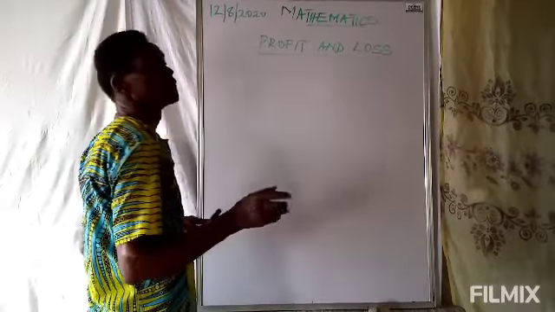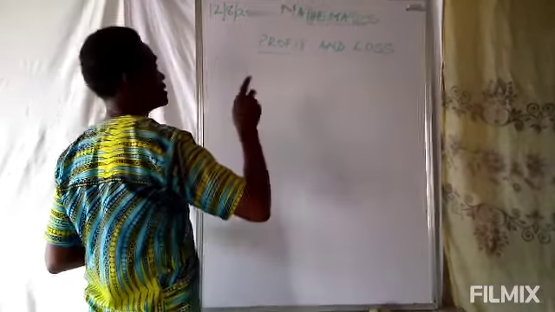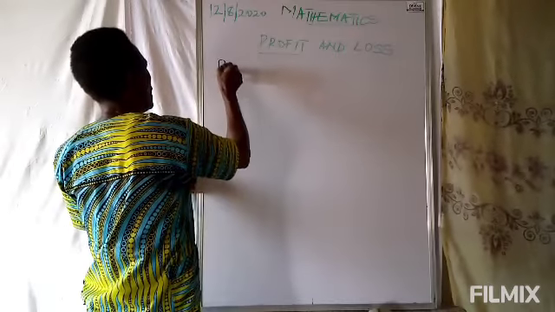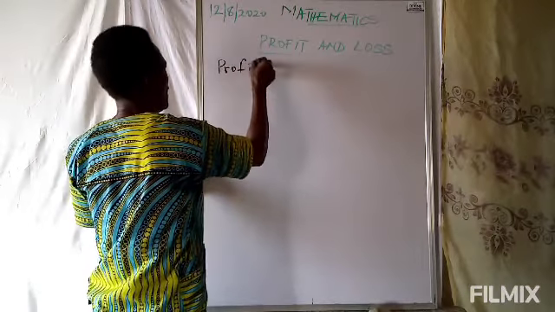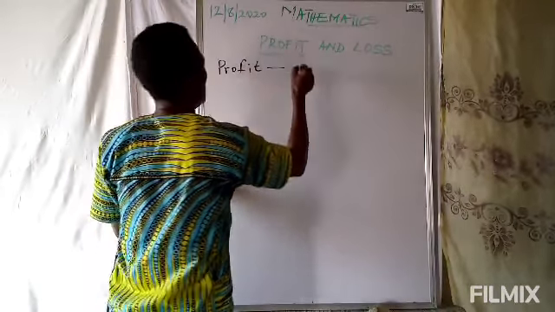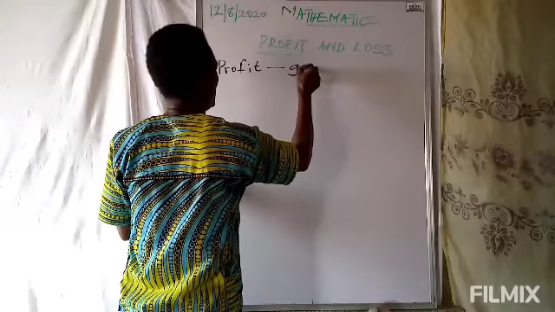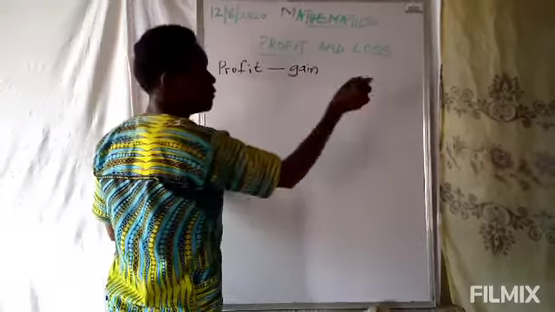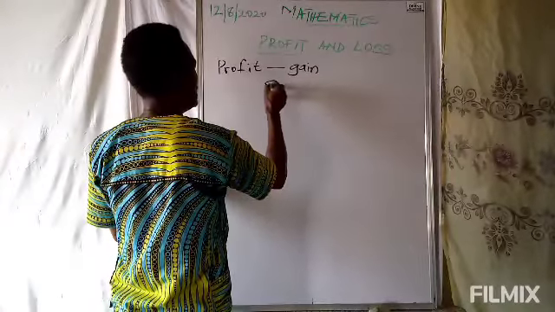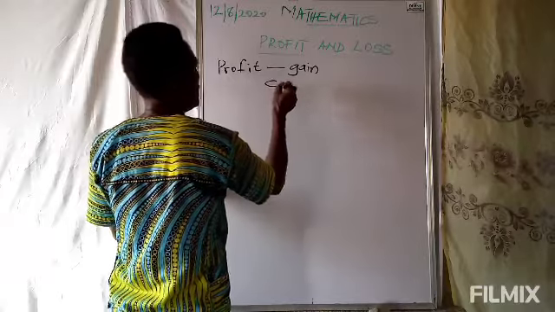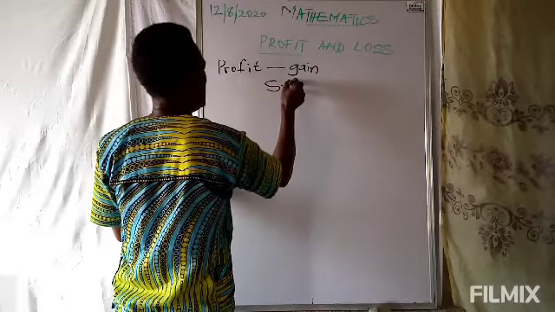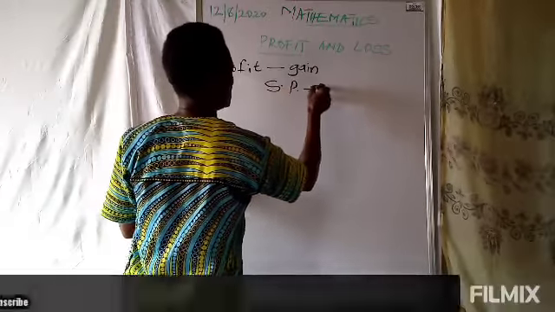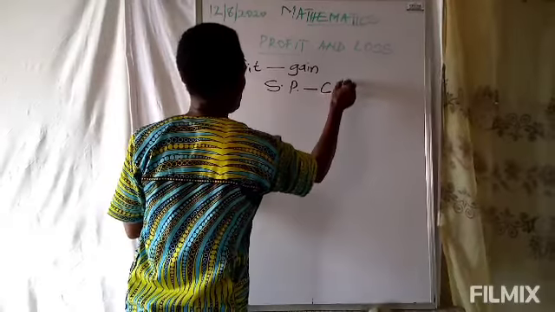So today we have profit and loss as the topic. Now, profit means gain, and the formula is SP minus CP.